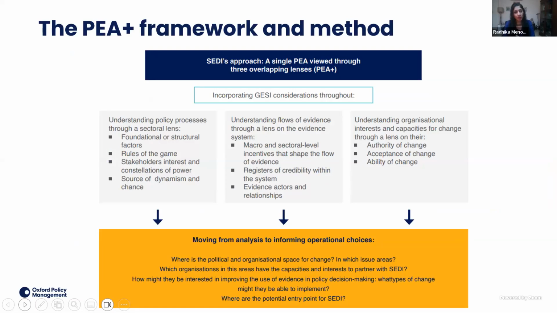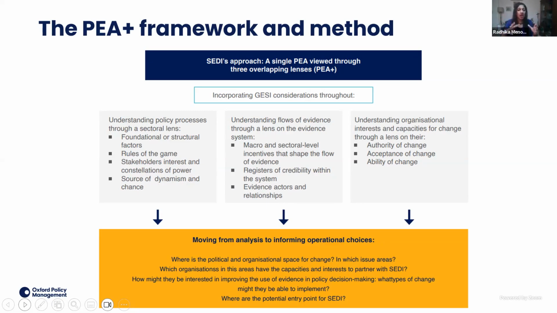So this is the framework that we developed for the program. It's called PEA Plus for a reason. There are 3 overlapping lenses, and actually 4 if you add GESI in. So one, drawing on classic political economy models, looking at the foundational structural factors, rules of the game, stakeholders, taking a very macro and sectoral perspective.